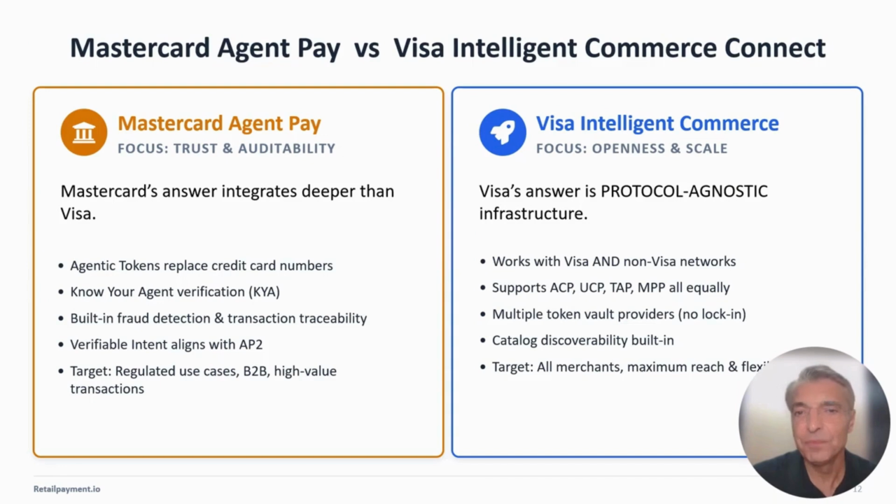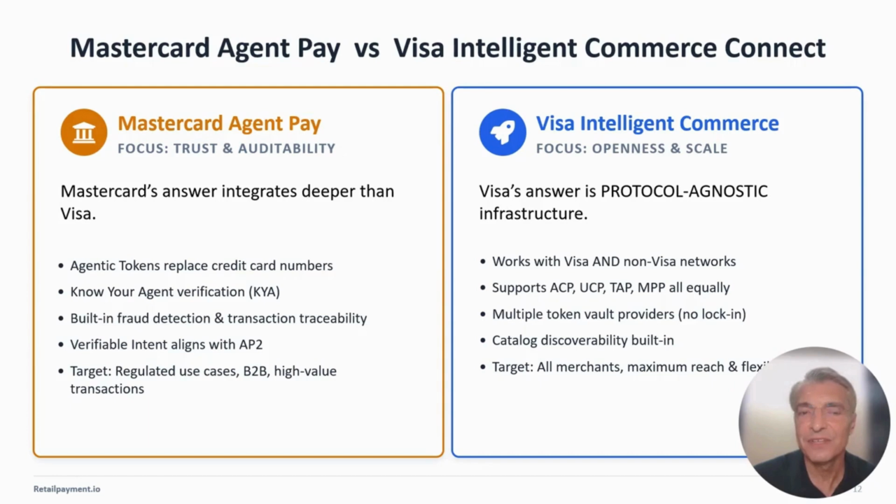I mentioned before that I'm comparing Mastercard versus Visa, because both have issued different specifications on how they are supporting the Agentic Commerce Protocol Stack. You can download the presentation in the show notes. But the main difference to memorize is that Mastercard goes deep into the detail.